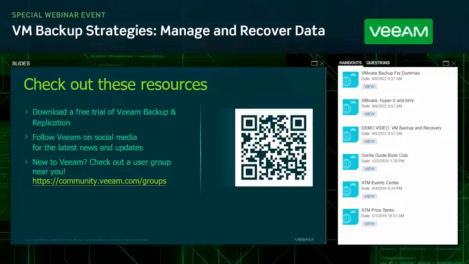Okay. Another question: how does Veeam's disaster recovery orchestrator, the one-click site recovery feature, work? Yeah, that's like a whole other webinar in itself. But long and short of it, if I could high level it for everybody here: let's say you have your production environment being replicated to a secondary location.